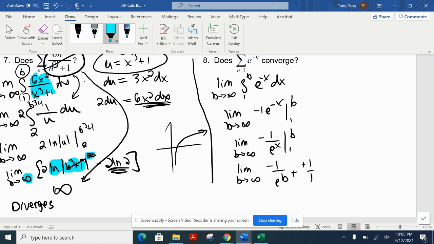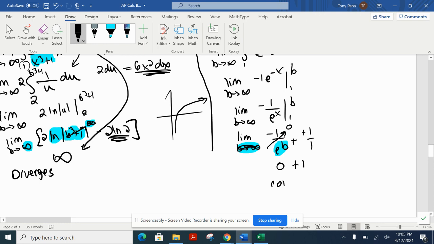And now we should understand that if our b gets bigger and bigger here, then my denominator is going to grow unbounded, is going to get big very, very quickly, while the numerator is going to remain a negative 1. So overall, this should be going to 0, which means we would end up with 0 plus 1.